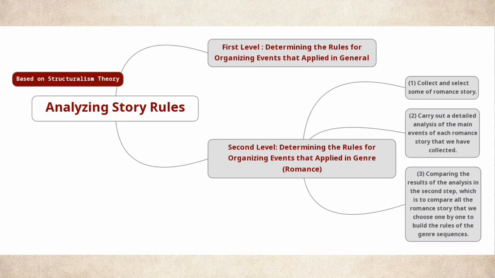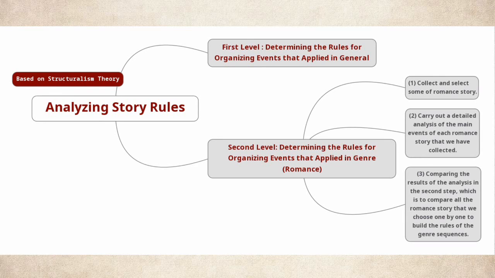The second step is to carry out a detailed analysis of the main events of each romance story that we have collected. In this process, we also need to consider the general sequence rule so that the main events we detail are not arranged haphazardly, but in an arrangement according to general rules.